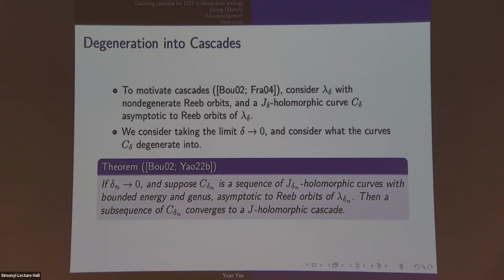Sorry, I'm just curious if you actually get a chain complex that works like the direct limit as L goes to infinity, or you have to cut your action at any L. You have to cut off your action at any L, and then you have the ECH chain complex defined up to action L. And then you take L goes to infinity. But can you talk about a limiting chain complex? That I'm not so sure.